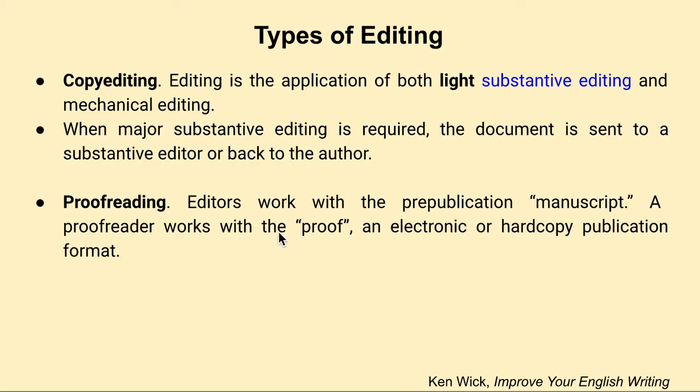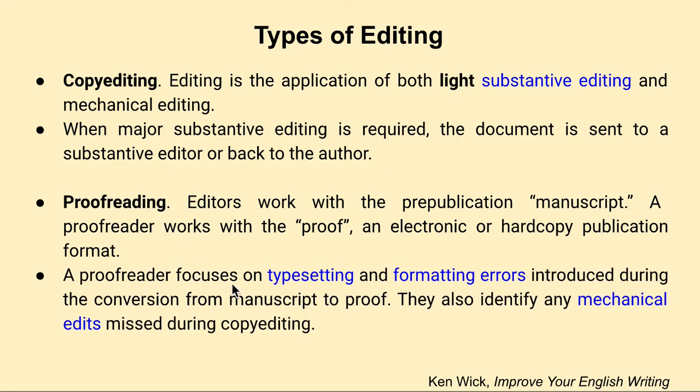The proofreader works with that proof, which is why they're called proofreaders. The proofreader focuses on typesetting and formatting errors that were introduced during the conversion from manuscript to proof. They also identify any mechanical edits missed during copy editing.